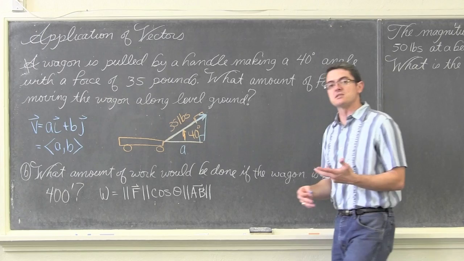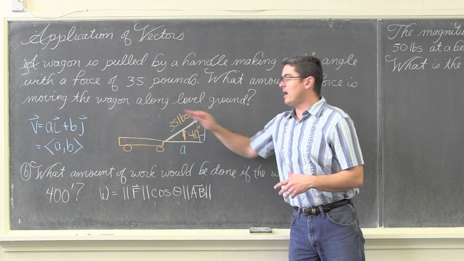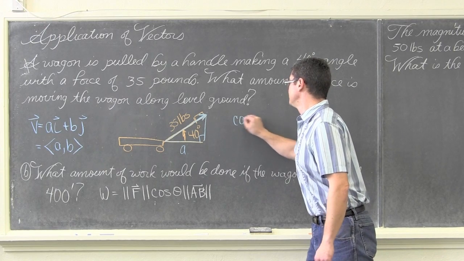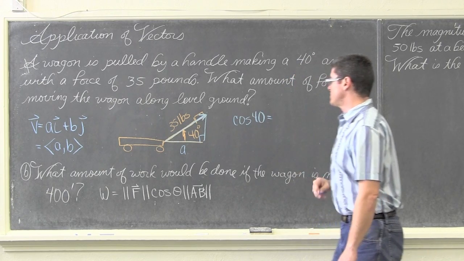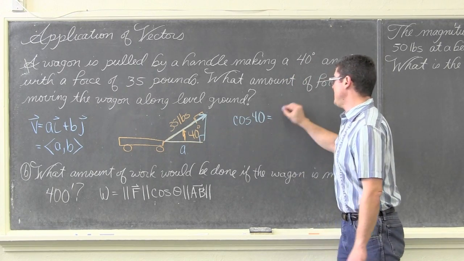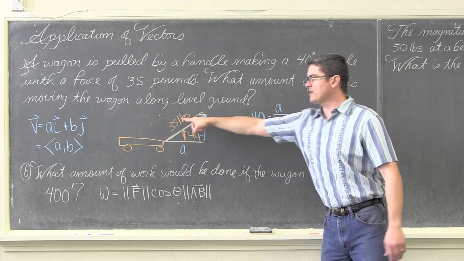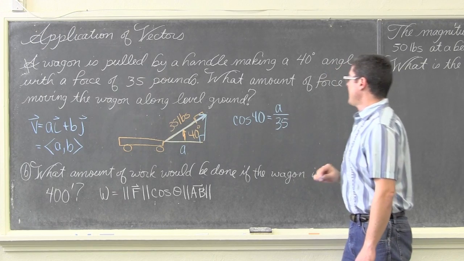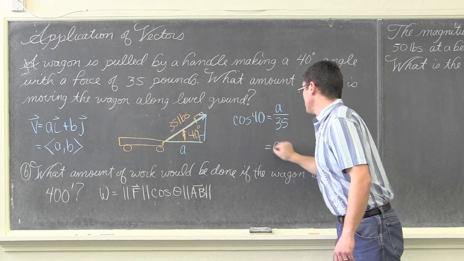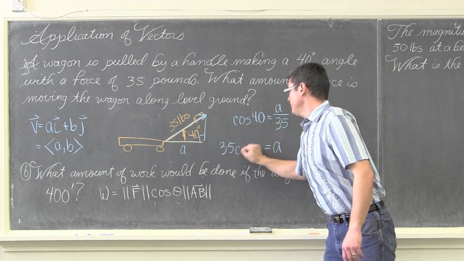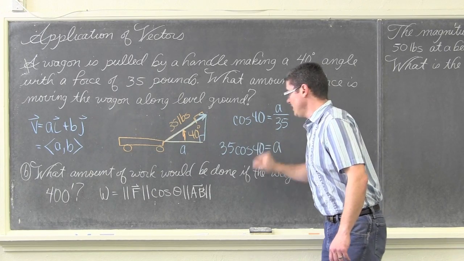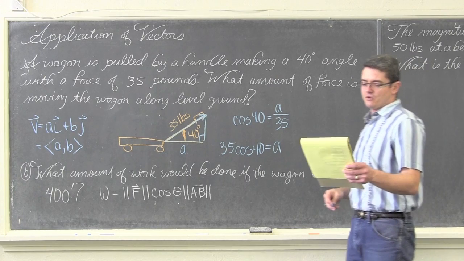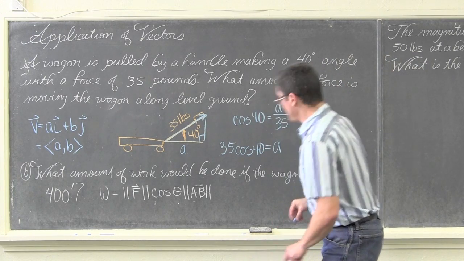I want the adjacent side, and I have the hypotenuse, so the cosine of 40 is equal to the horizontal component A over the magnitude of the vector, which is 35 pounds, and we get A is equal to 35 cosine of 40, and 35 times the cosine of 40 is equal to 26.8 pounds.